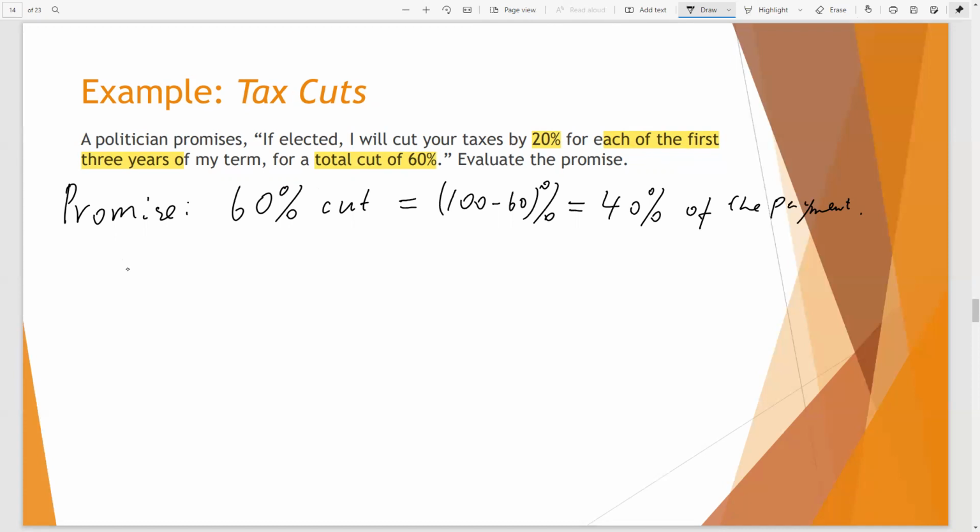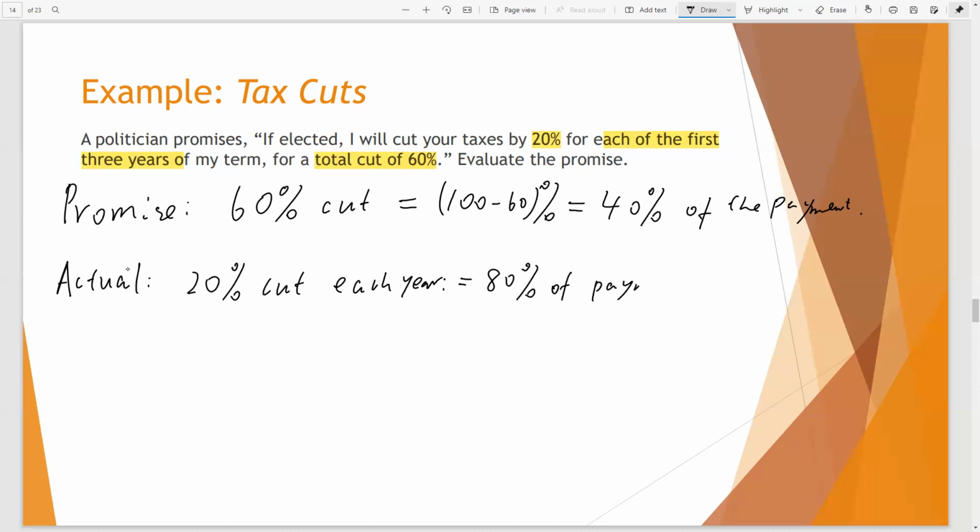What is the actual case? That's a 20% cut each year. That means it's 80% of payment in year 1, 2, and 3. After year 1, year 2, and year 3.